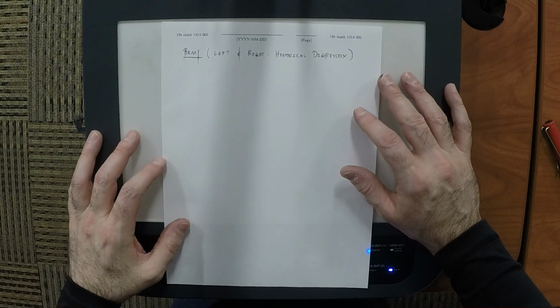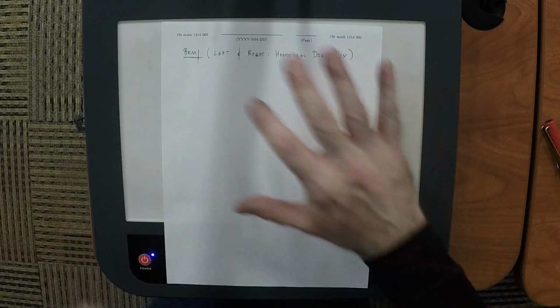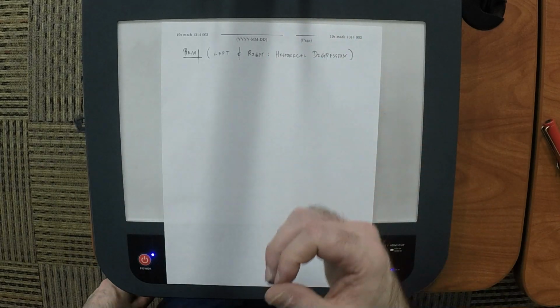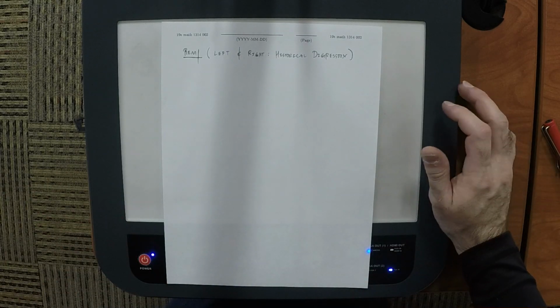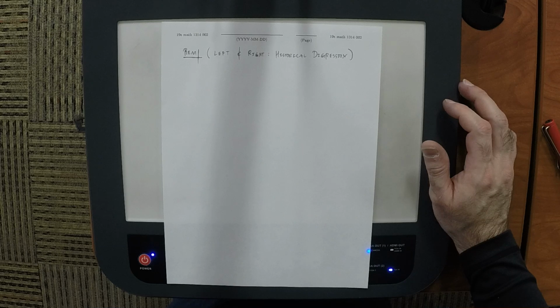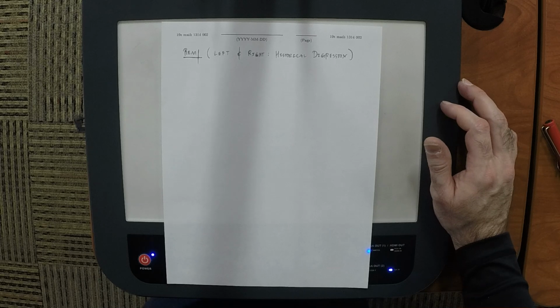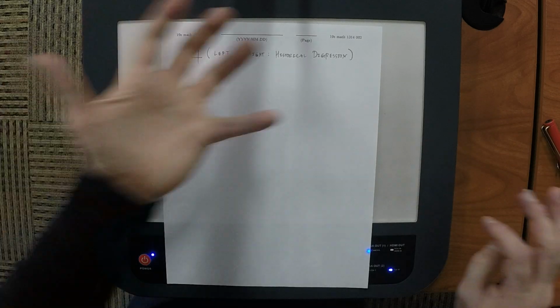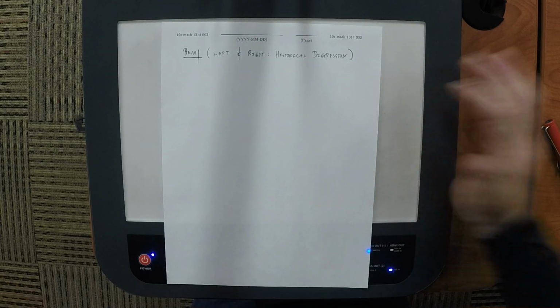It's arbitrary in the sense that, for example, right is not the same word in every language. In English it's right. In what is it in Spanish? Yeah, that one. And then in English left, and I know the one for left in Spanish. I think it's izquierda.